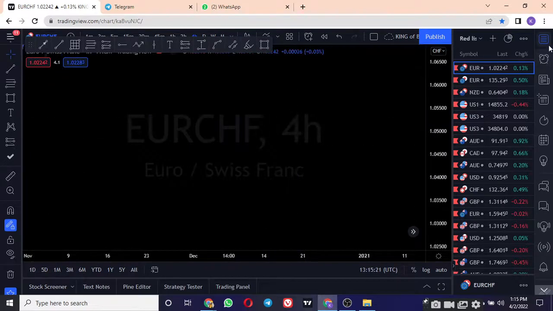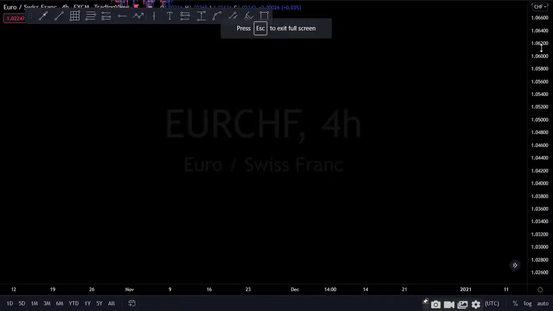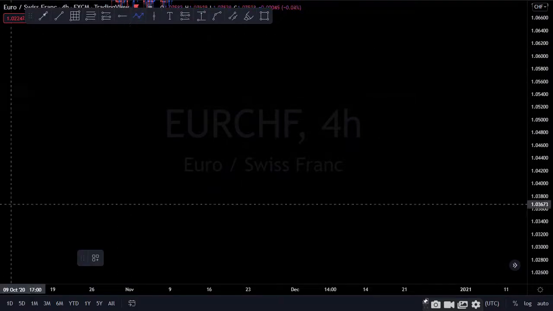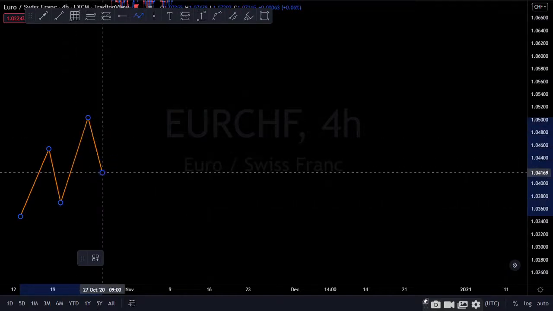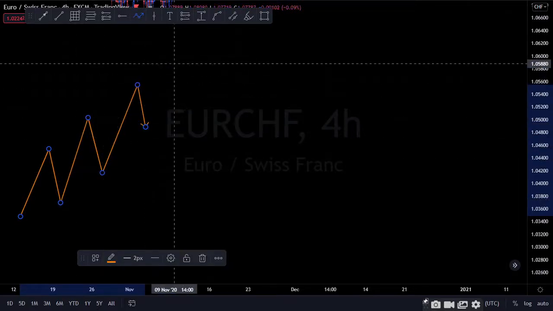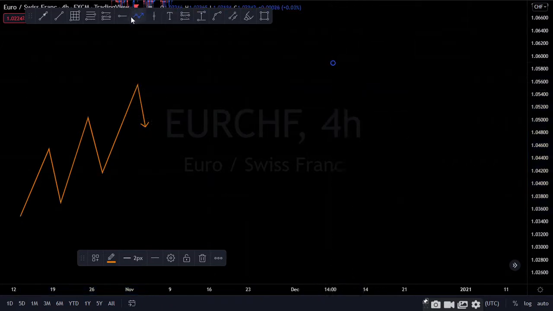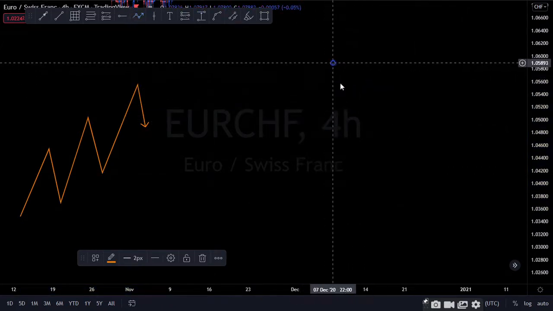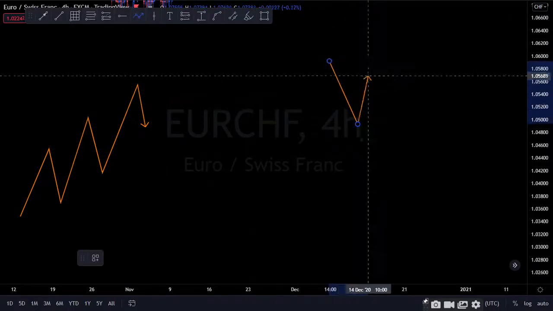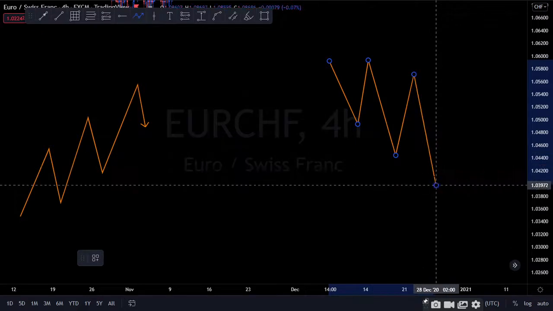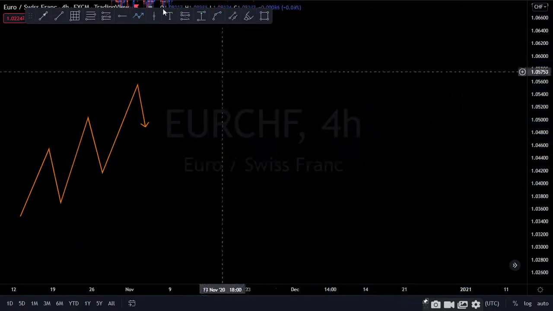Good. So let's talk about the last part of market structure, which is consolidation, or ranging market. So bullish moves like this, and bearish moves like this, bullish moves like this, and then bearish moves like this.